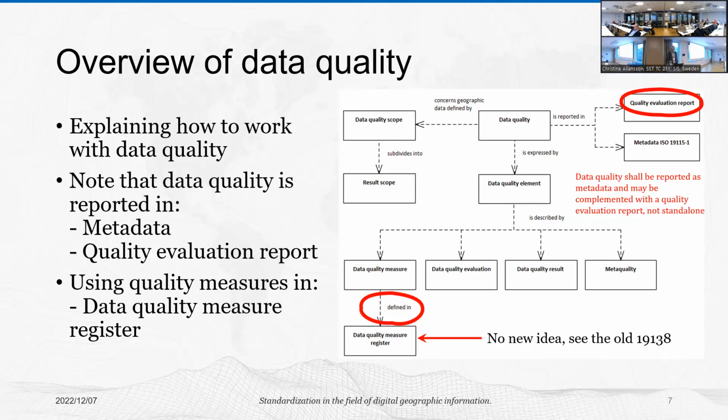The quality evaluation report, which is not standalone anymore as it was named before, should not replace metadata. It should complement it. And then how to use quality measures in a data quality measure register.